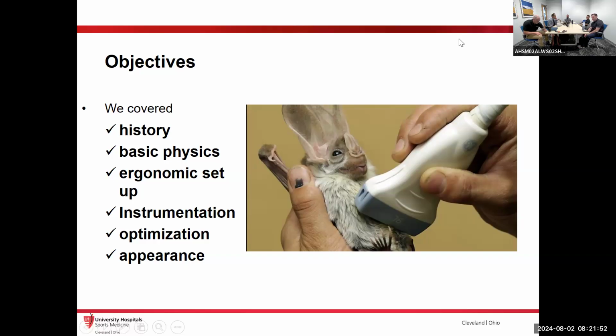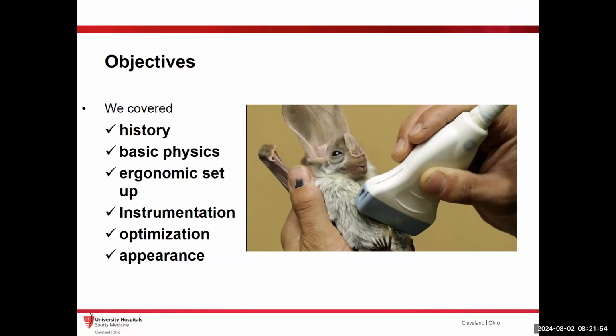Hey, great lecture. I missed the first two sections, but great lecture. The only thing I'd like to add is that some of the scanners you had mentioned, maybe like 10, 15,000, most of them today are more like $30,000 to $40,000.